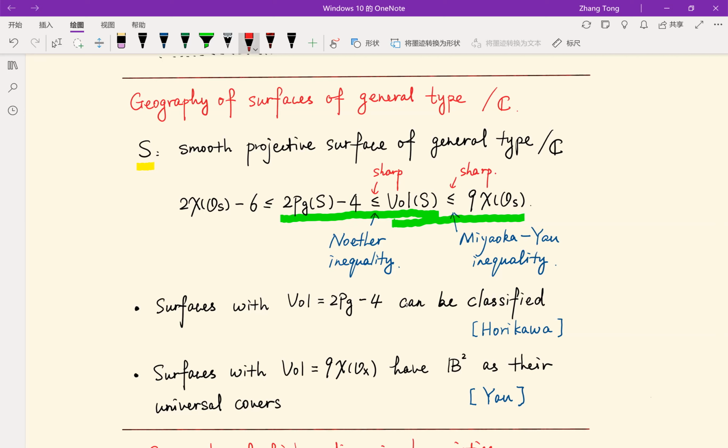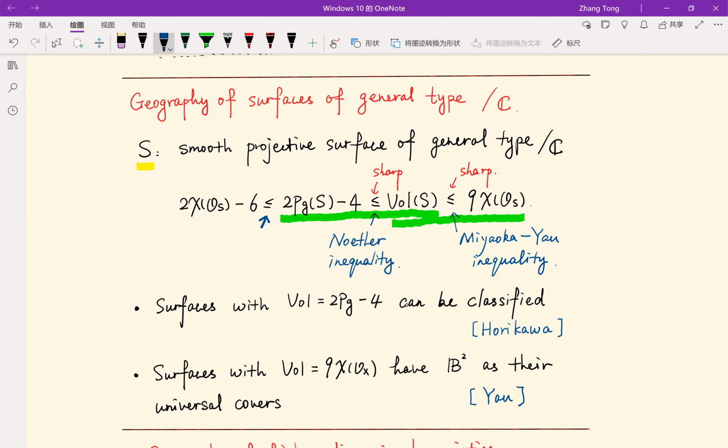I also give a further inequality, this one. It just follows from the definition of the Euler characteristic, because in this situation chi is the same as pg minus q plus 1. So by the non-negativity of q, you can obtain this one quite easily.